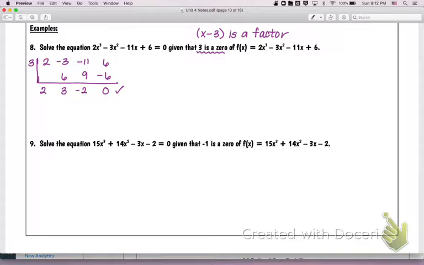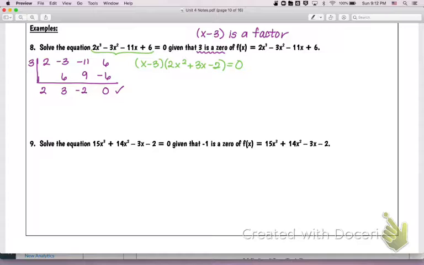Now, here's what I know, and this goes back to that division algorithm at the beginning. Remember we said if 5 goes into 25 5 times, then that means 25 is equal to 5 times 5. Well, if x minus 3 divides out to 2x squared plus 3x minus 2, then that means that this polynomial is equal to x minus 3 times 2x squared plus 3x minus 2.